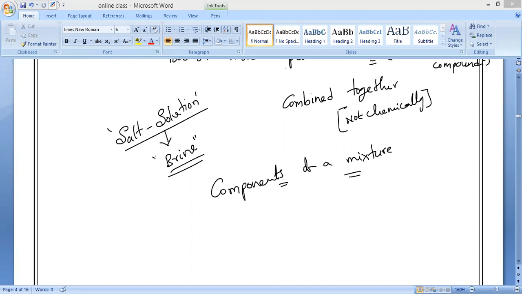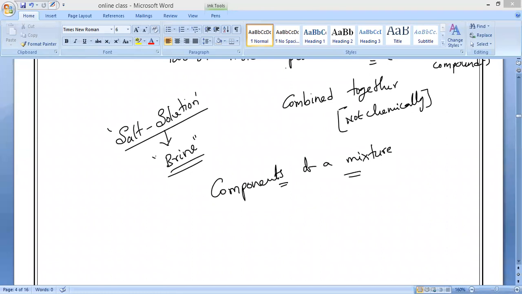All these are examples of mixtures, made up of more than one pure substance. The substances present in a mixture are called components of the mixture.